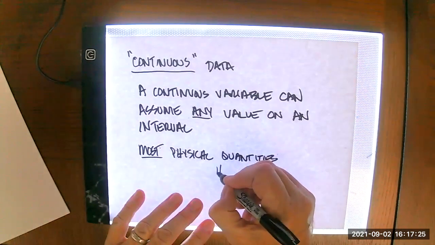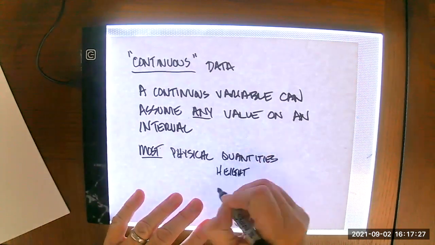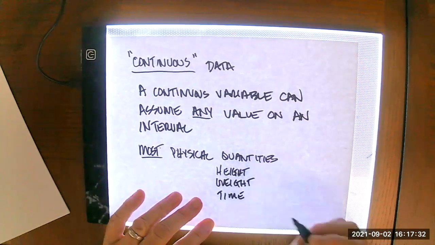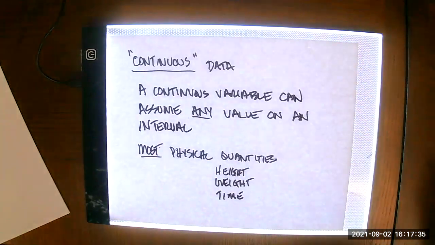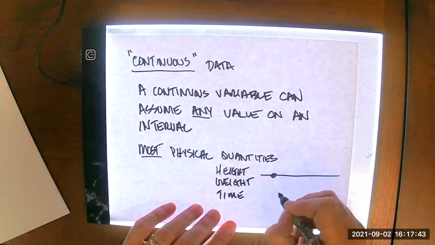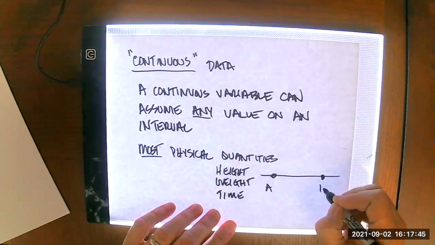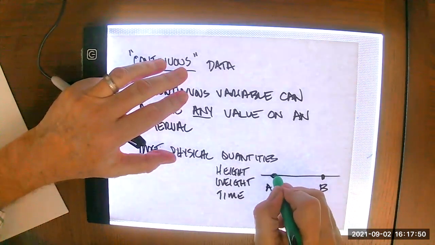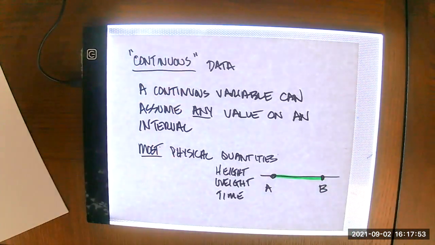So those are things like height, weight, time. Any one of those could be measured ever more finely given better and better instruments with no end in sight. It is truly on a number line, your measurement could assume any value on this interval, any value on that interval at all. Sometimes the endpoints are included, sometimes they're not, but the point is any value on that interval could be obtained.